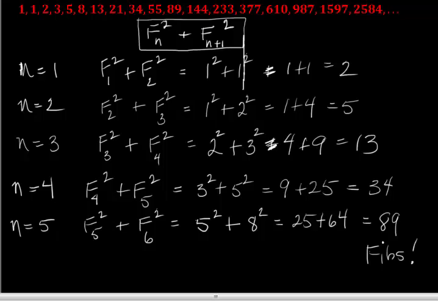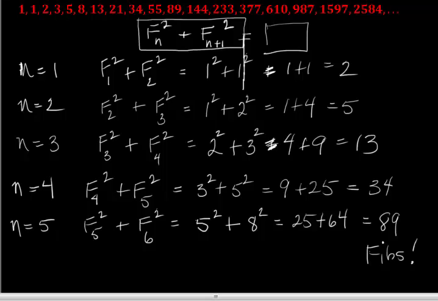But that's not enough of a pattern, because we want to complete that generalized formula. We want to be able to write f sub n squared plus f sub n plus 1 squared equals, and have something to say in general here. We know it's a Fibonacci number. The sum of those squares is a Fibonacci number.